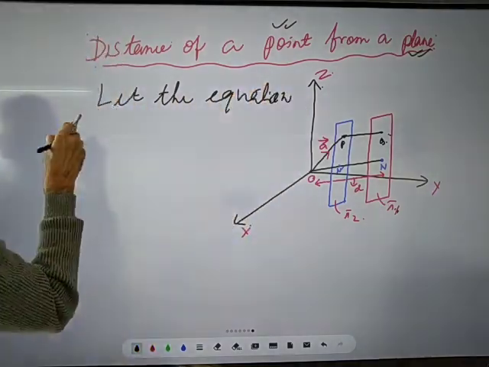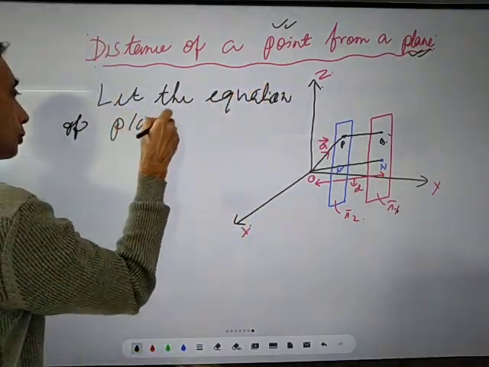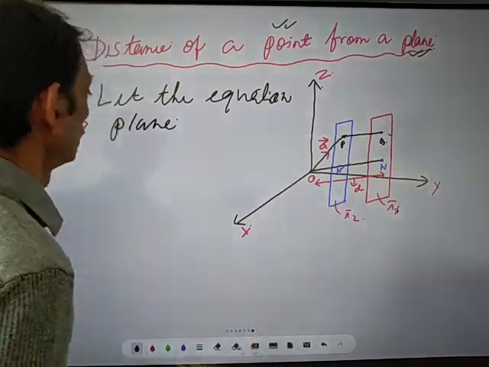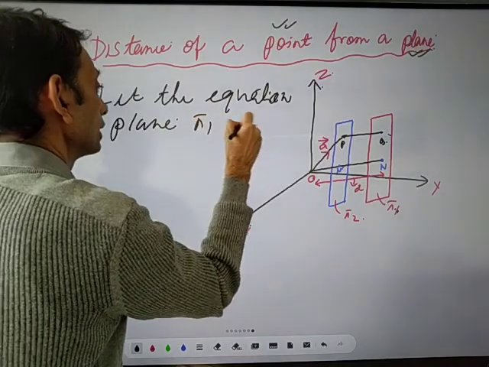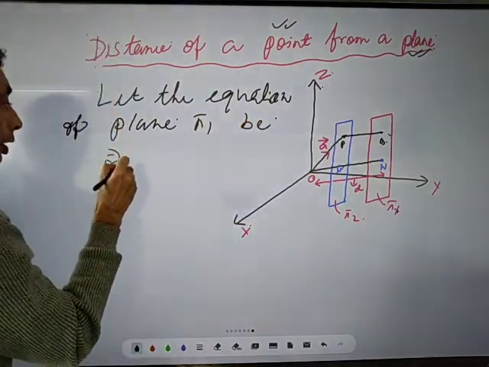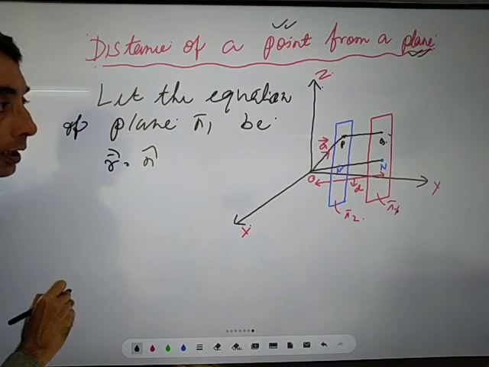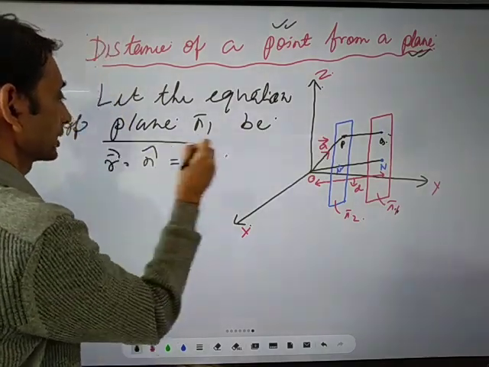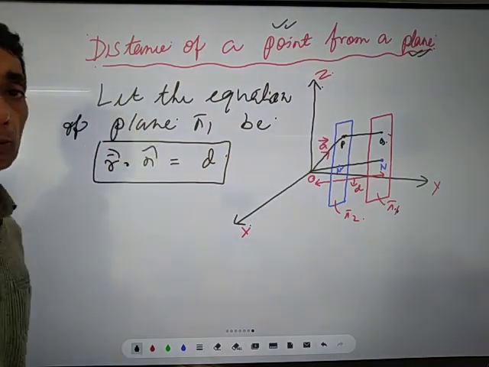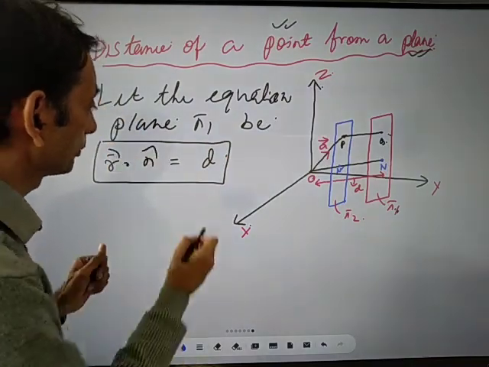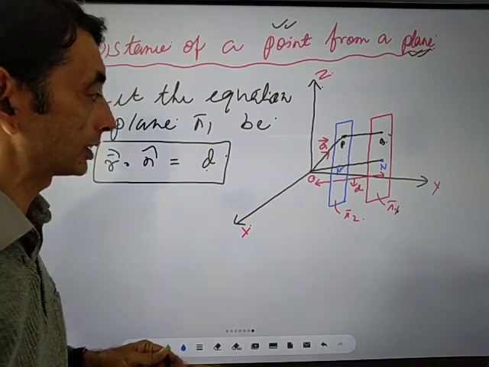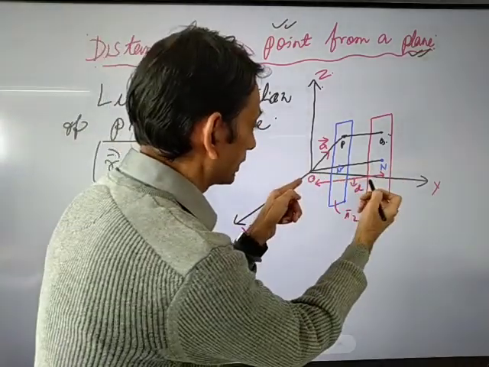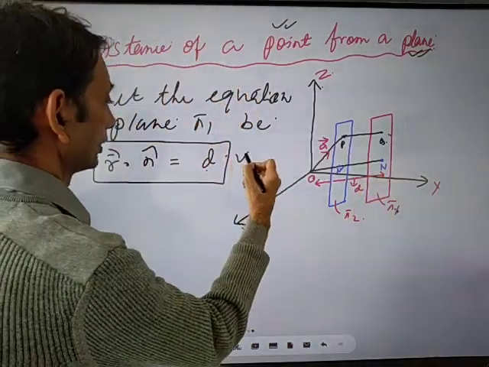Let the equation of plane pi 1 be r dot n cap equals d. This is the equation of the plane in normal form, where d is the perpendicular distance from the origin to the plane, that is ON. So this is given.